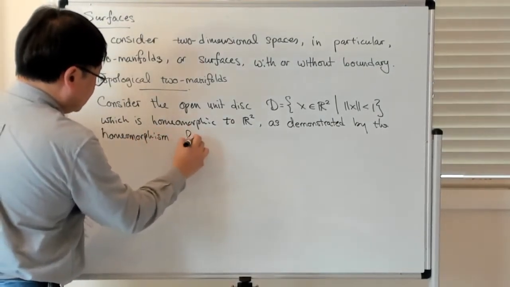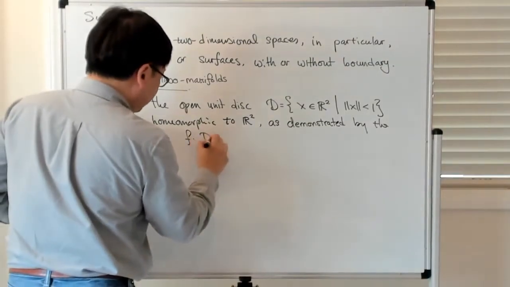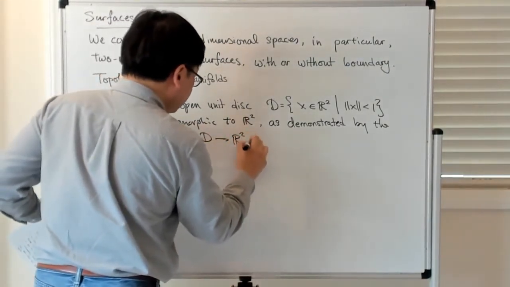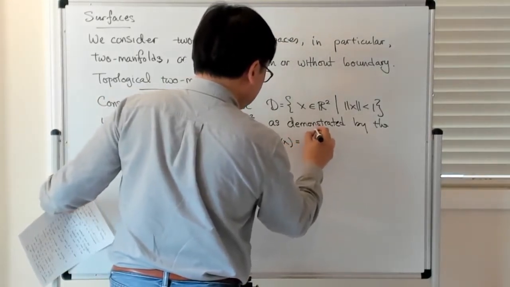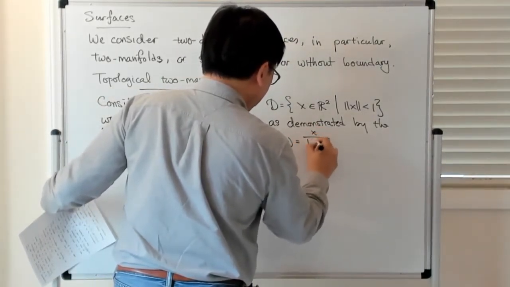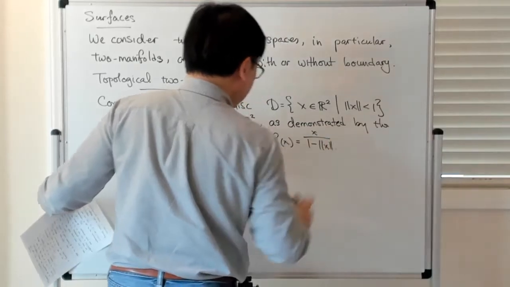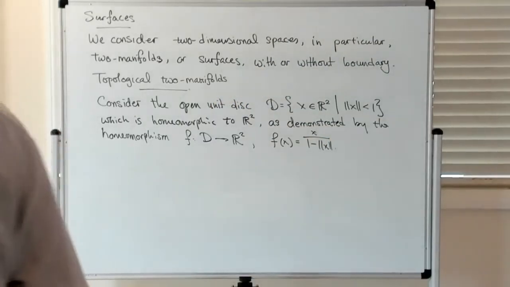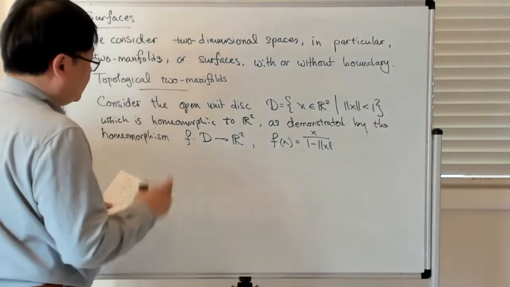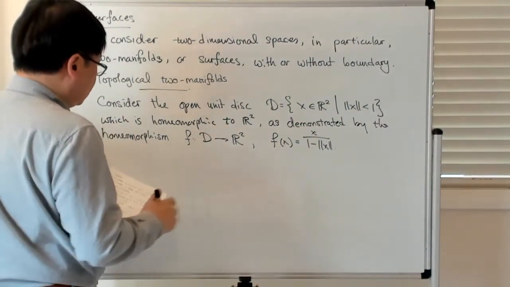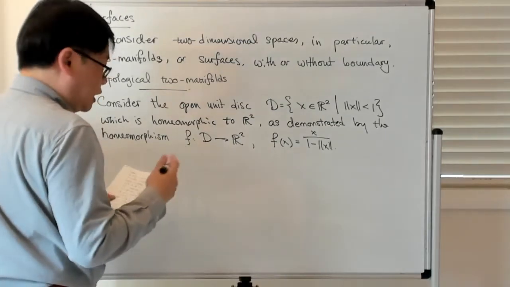So let's look at the homeomorphism f from D to R2, which is given by f of x mapped to x divided by 1 minus the norm of x. Now we want to consider any subset of a topological space that is homeomorphic to D, an open disk.